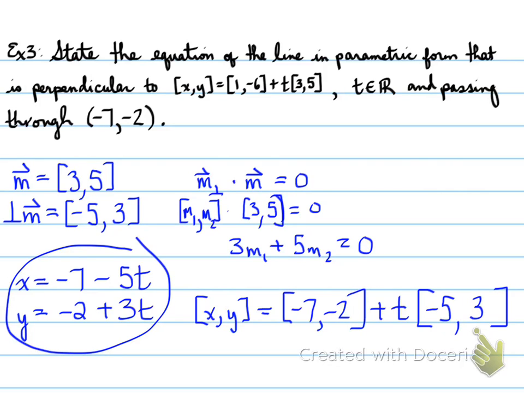The equation uses the fixed point: (x, y) is equal to the fixed point plus t times (-5, 3). And it says find the equation in parametric form, so we take the vector form and convert it to parametric form. It's much easier to go from vector to parametric to find our final solution. All right, folks, that's the end of that example.